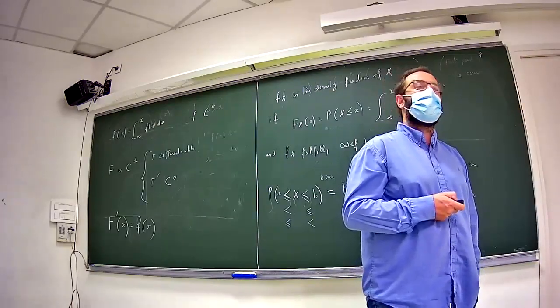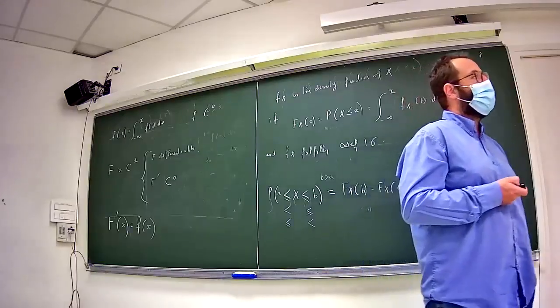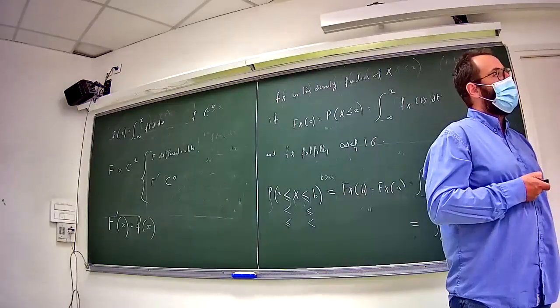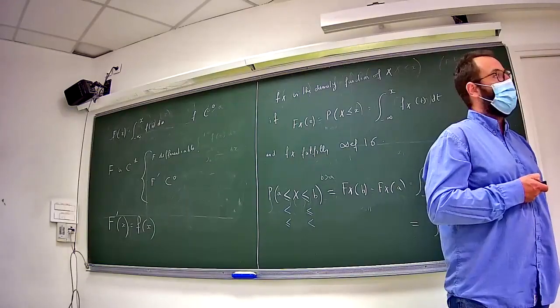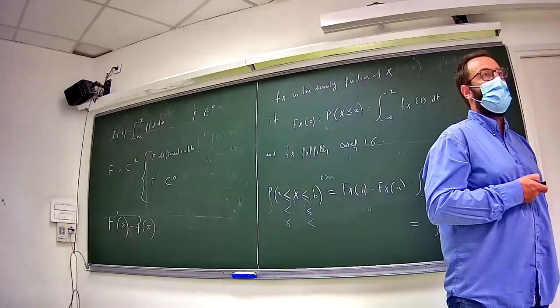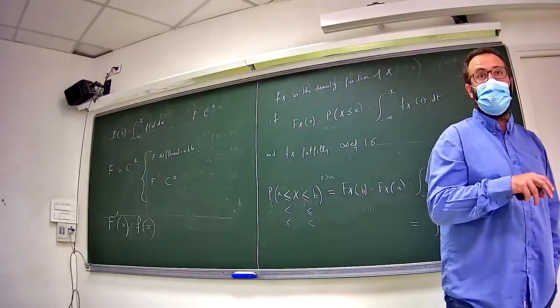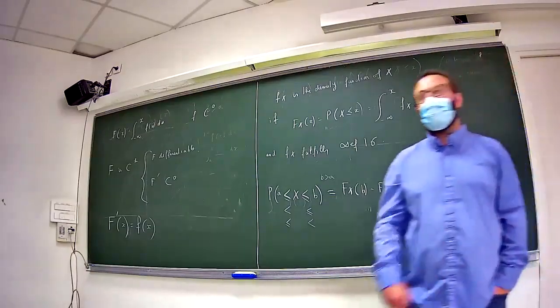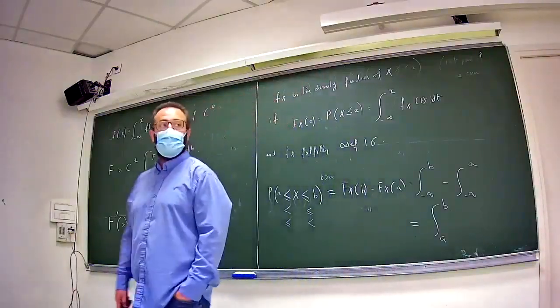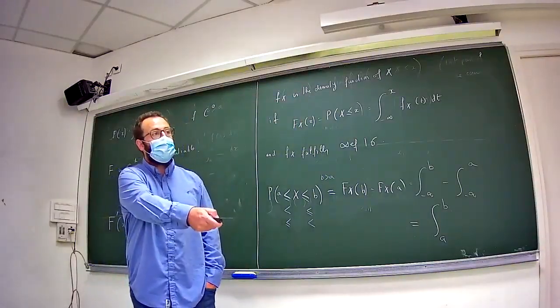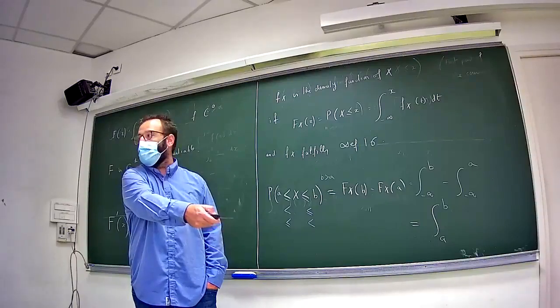But if I want to be in coherence with what I have said before, here it's greater or equal to A, and here less or equal to X. Okay? You put a large inequality here, not a strict one. It changed absolutely nothing in the definition of the density because you don't mind about points, as I have said to you. But if I want to cope with what I have said to you, A and B are inside the interval.